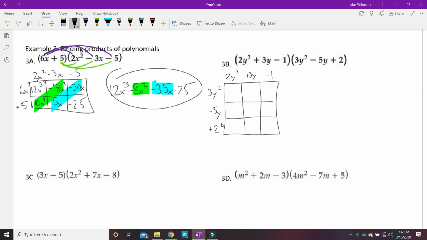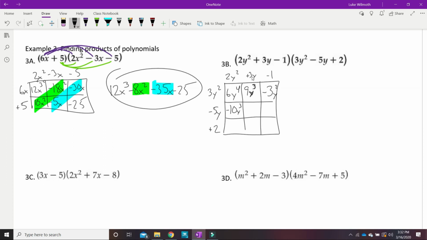So I'm just going to multiply 3 times 2 is 6, and y squared is y to the 4th. 3 times 3 is 9, y cubed. 3 times -1 is -3, y squared. And then 2 times -5 is -10, y cubed.